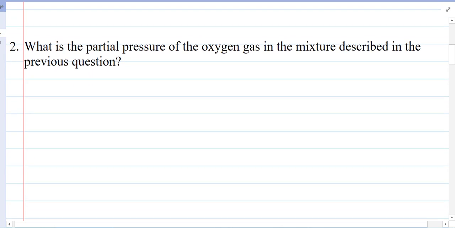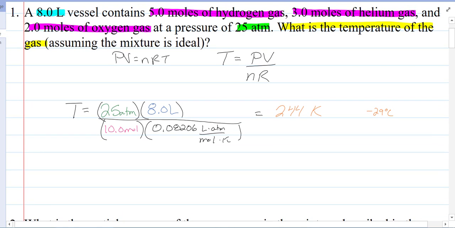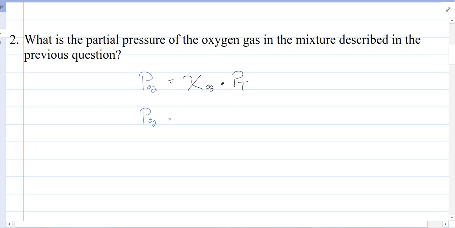What is the partial pressure of oxygen gas in the mixture described in the previous question? So we're looking for oxygen. Partial pressure of oxygen, so we're looking for P of O2, and that'll equal the mole fraction of O2 times the total pressure. Well, we can do that. So my pressure of O2 equals, how many moles of O2 did we have up there? Well, if we look back up, I think we have 2 moles of oxygen gas over 10 moles total.